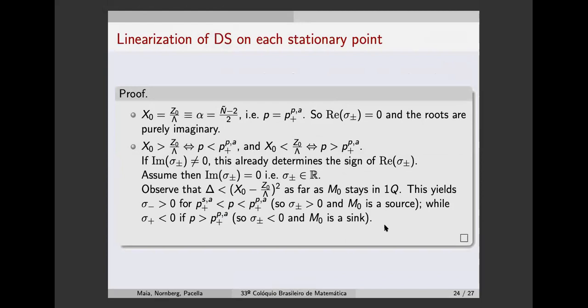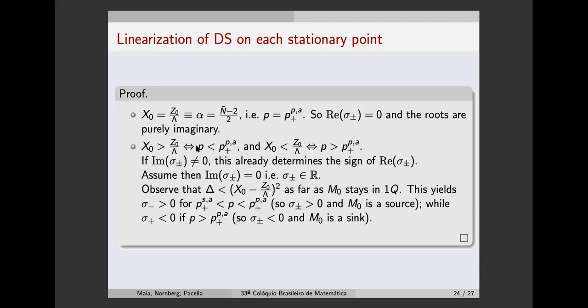But summarizing everything, we have x0, z0 over lambda equals alpha tilde minus 2 over 2 for p equals p_pa. So the real values of the sigmas in the characteristic polynomial are 0 and the roots are purely imaginary in the case p is equal to p_pa.